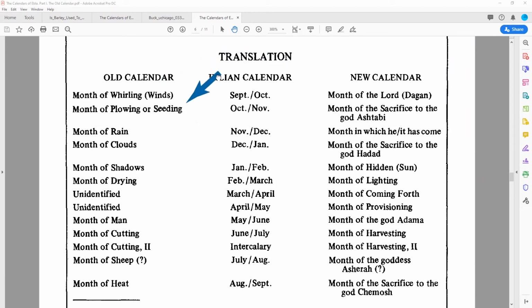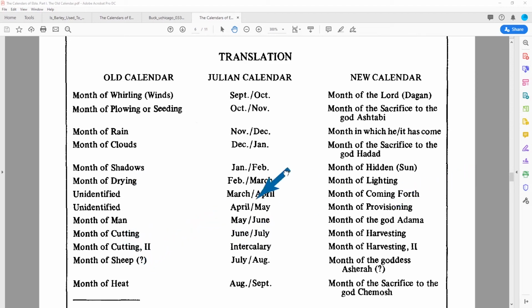Month of whirling winds, month of plowing or seeding, month of rain, month of clouds, month of shadows, month of drying, unidentified, month of man, month of cutting, intercalary, month of sheep, month of heat.